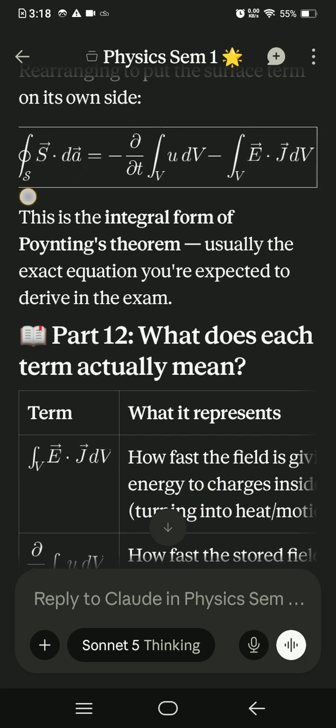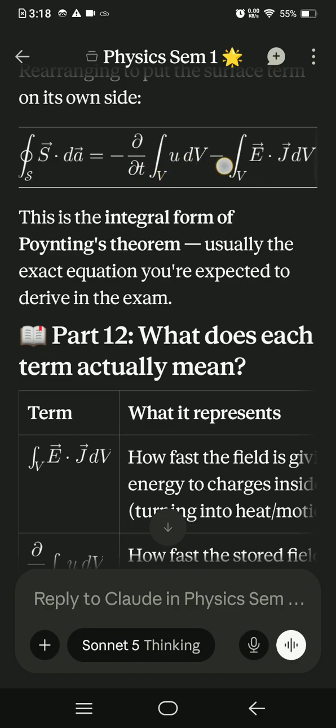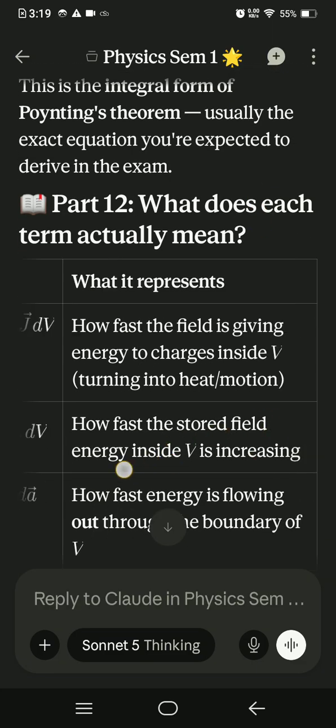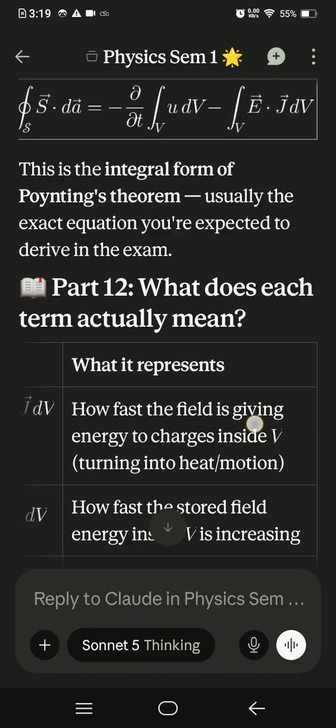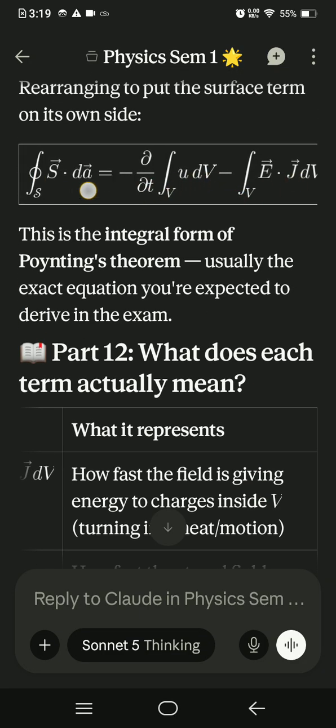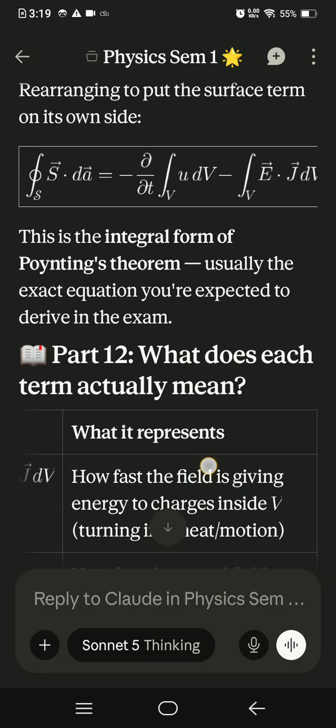The energy that is going out equals the energy the field is getting plus the energy increasing for that volume. Energy getting, energy stored equals energy leaving.